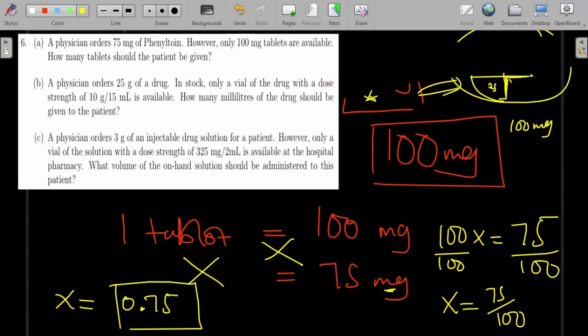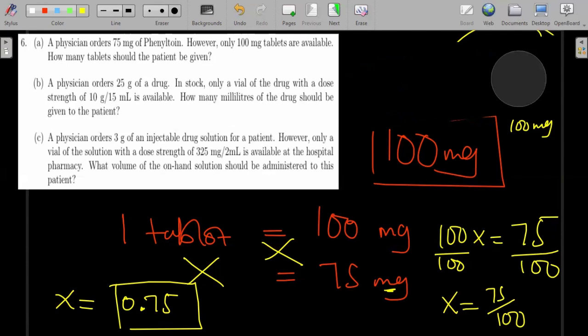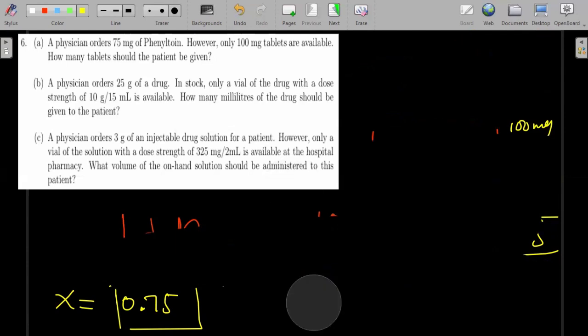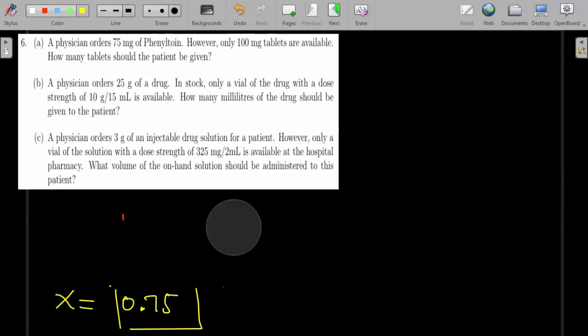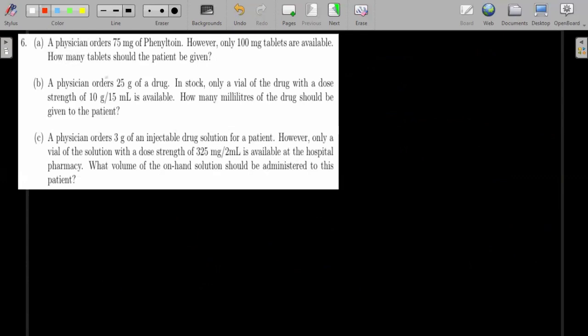We go to B. For B, we are basically using the same concept. They're saying this physician now orders 25 grams of a drug. In stock, only a vial of the drug with a dose strength of 10 grams per 15 milliliters is available.